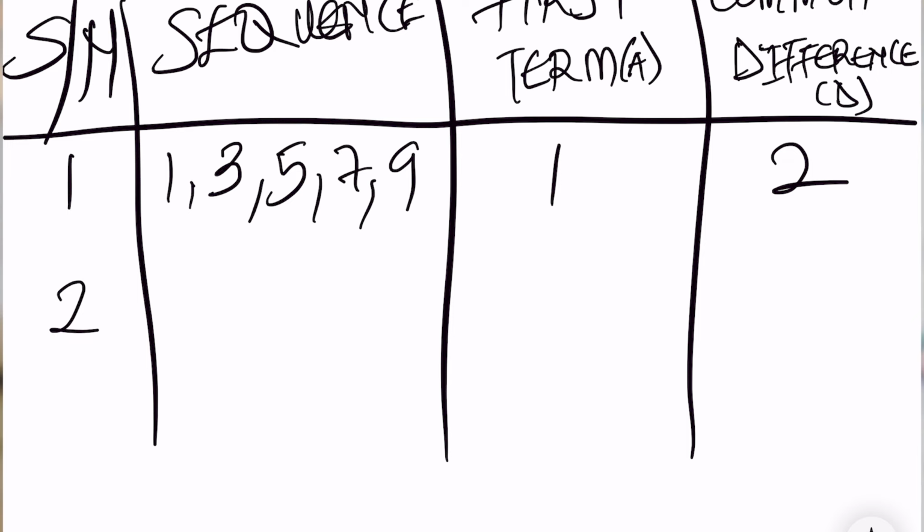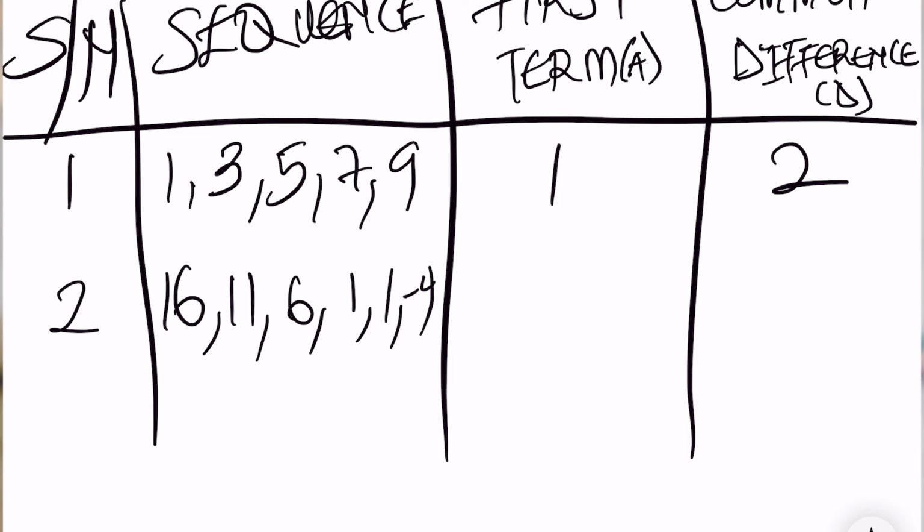So, for another one, we have 16, 11, 6, 1, -4. What is our first term here? Our first term is 16. The first number is usually our first term. Now, what is the difference? It is decreasing by 5.